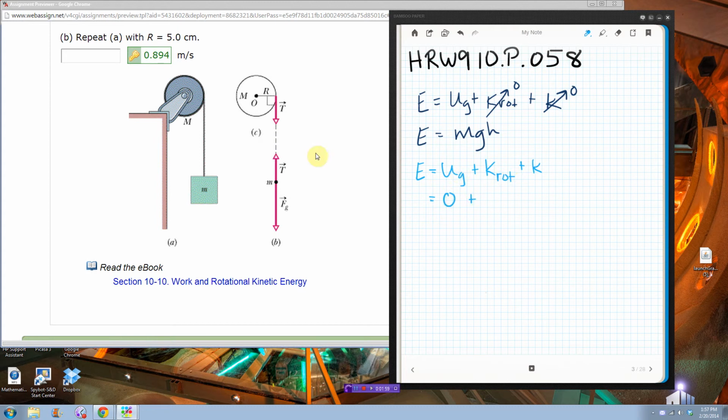But now this thing is spinning, and rotational kinetic energy is 1/2 I omega squared. And this thing is falling, so it has kinetic energy, which is 1/2 mv squared. All of which should equal E, which we also know is mgh, so I'm just going to squeeze that over here. Okay, there's my v.